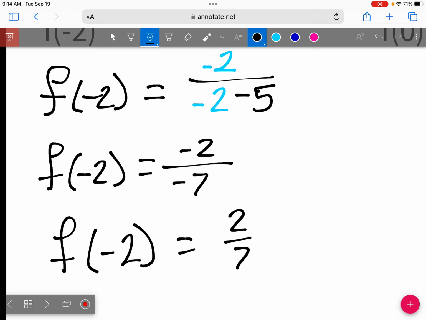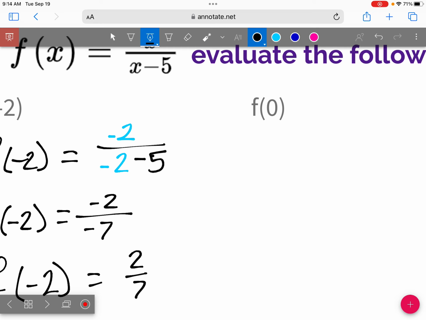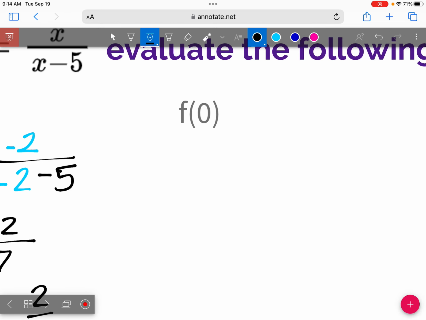Do not mess with this side. Don't try to take things out of this parentheses. It's just the name. So then we're going to do the next one, f of 0. Same vibe. F of 0, and we substitute in 0 in place of the x.